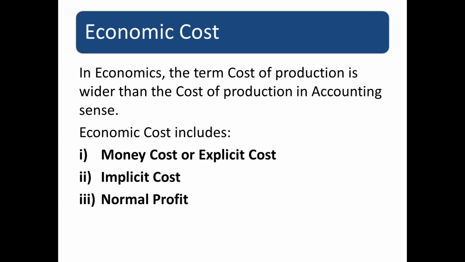Fixed factors are constant. So the cost of the fixed factor is known as fixed cost, and variable, that is labor. So the cost of labor is variable, raw material is variable, power is variable. So therefore, in economics, the term economic cost includes all the three components: explicit, implicit, and normal profit.